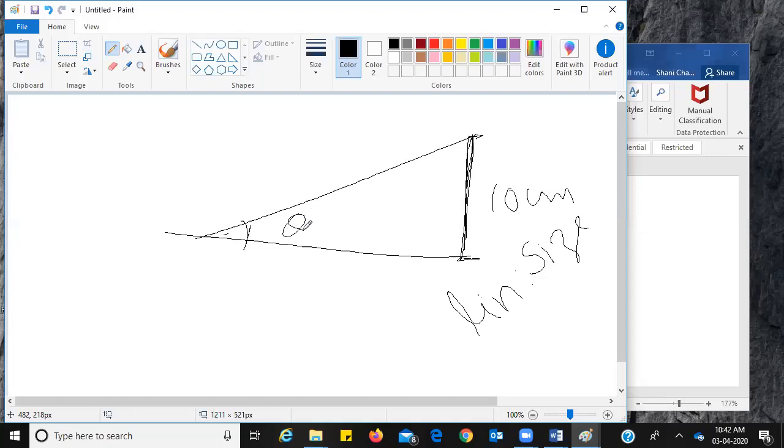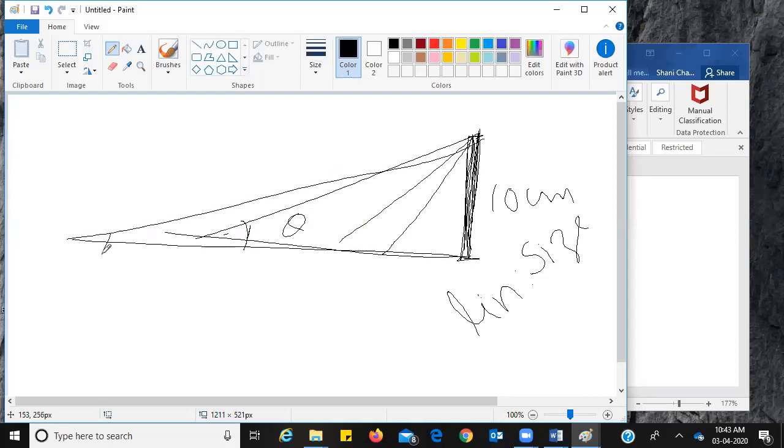Theta is called the angular size. The problem is linear size remains the same, but angular size depends on where you take the angle.